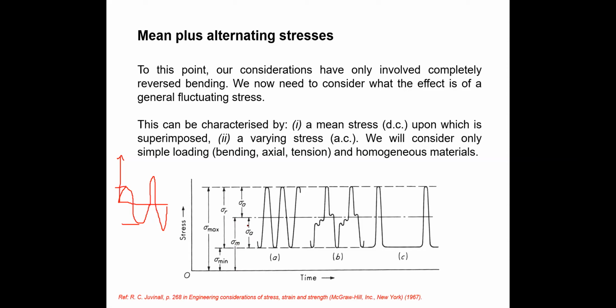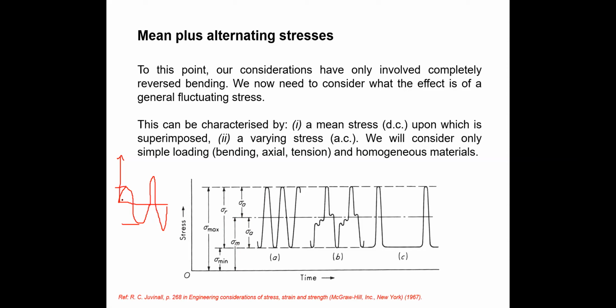This is the amplitude, sigma A. Later on, we will label sigma A for the alternating stress, sigma M for the mean stress. So the mean stress is the constant load, constant stress we apply on this element. Are we clear?